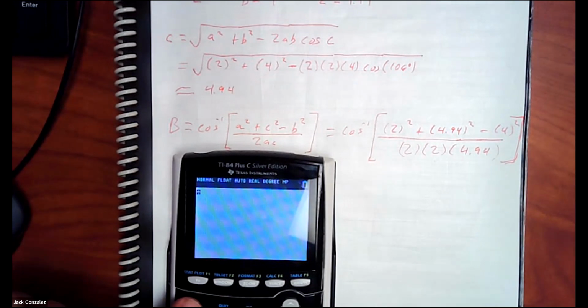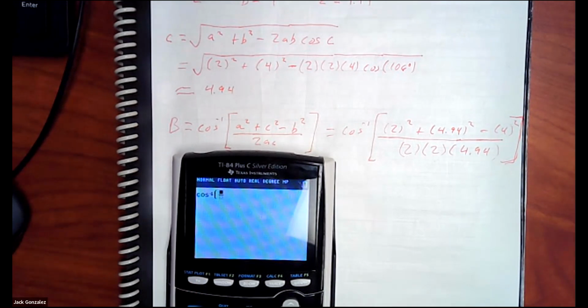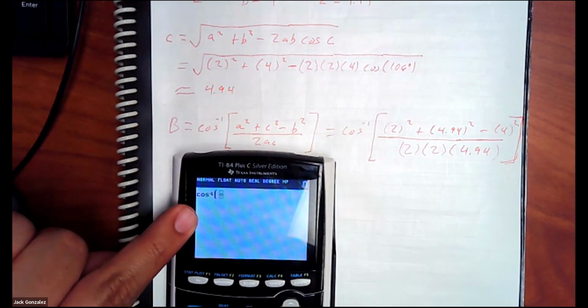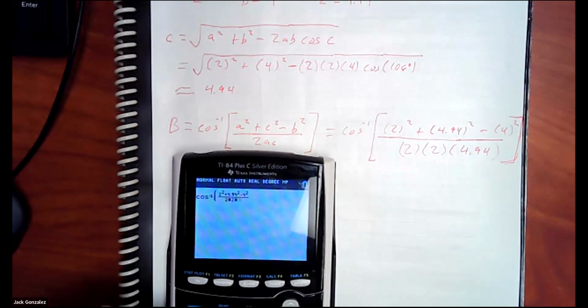So you hit the cosine inverse button. You have a graphing calculator. I think the regular TI-36 Pro can also do the fraction button. So it's all good. 2 squared plus 4.94 squared minus 4 squared over 2 times 4.94.